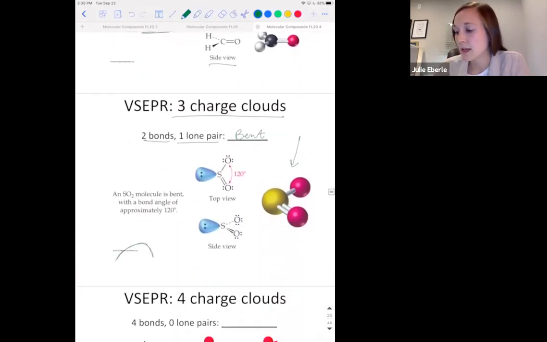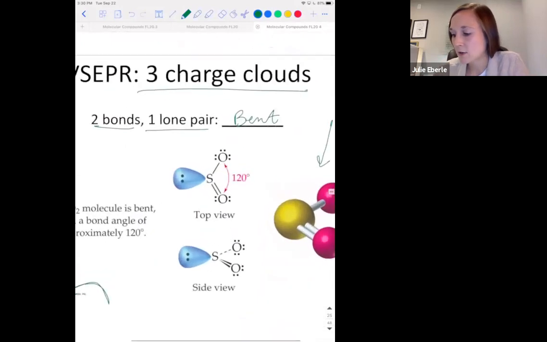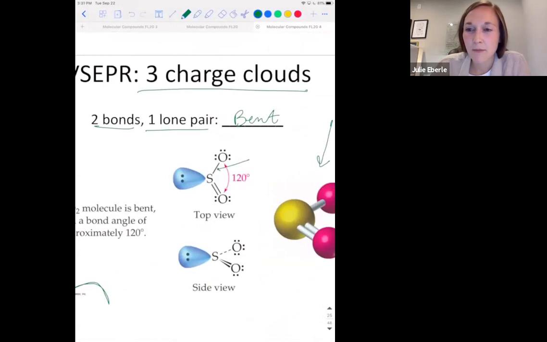So SO2, someone was asking, why is there only 1 bond on this oxygen here? And the answer for that goes beyond the scope of this class. If you've ever taken like AP chemistry or something, you've probably heard the term resonance. And this happens to be a molecule that has resonance, okay?